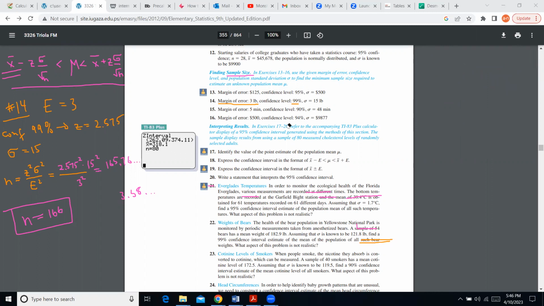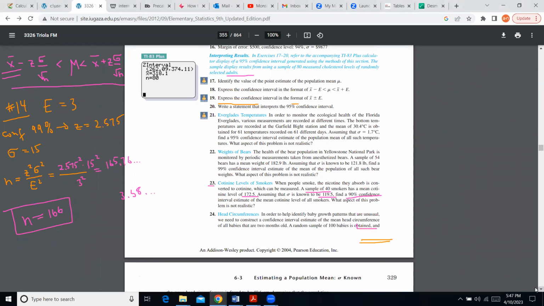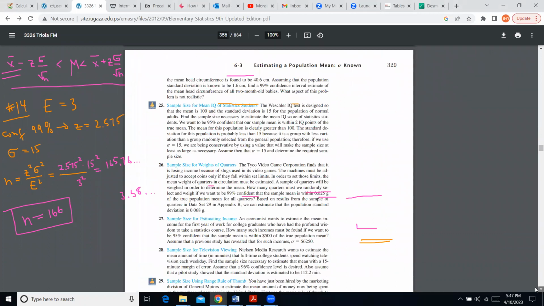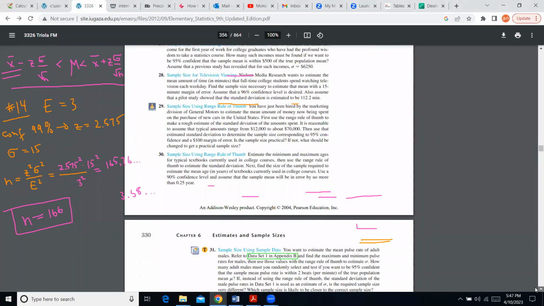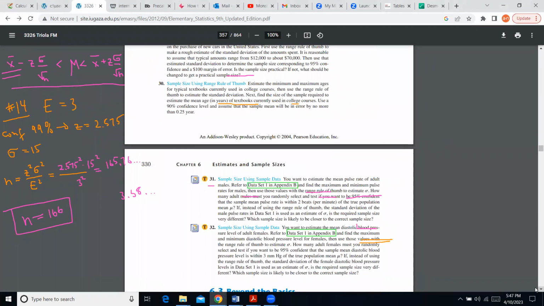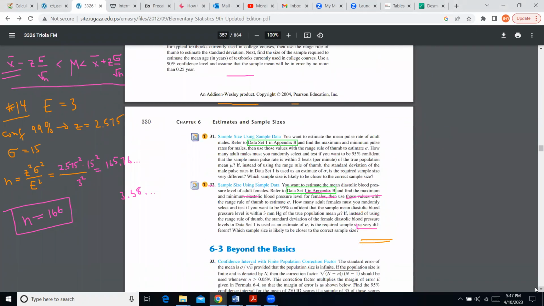Well, it depends on how close you want to get to the reality, and that's what this sample size is talking about. Let's do one more so we can better see what is going on. There are lots of various interesting exercises in here.